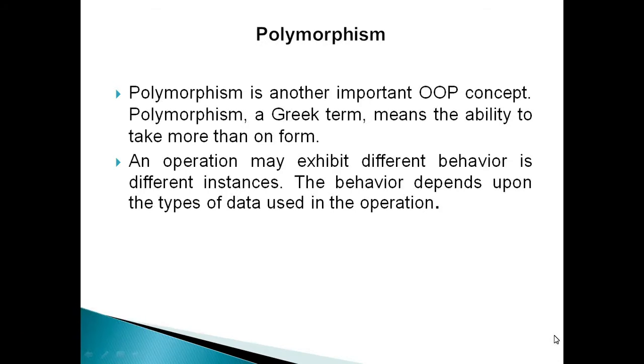Now come to polymorphism. This word comes from the Greek terms, poly meaning many and morphism meaning form. So in one sense you can call it many forms, which means the ability of a message to be displayed in more than one form.